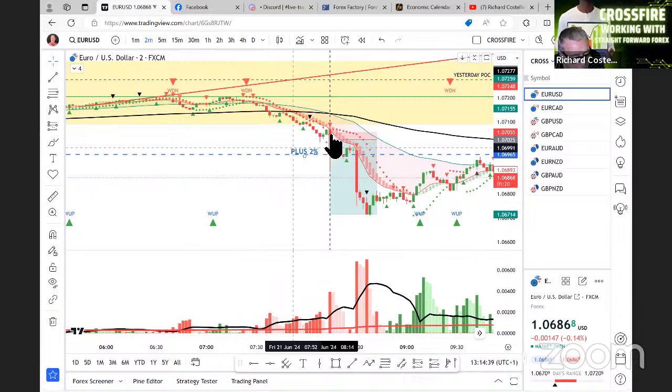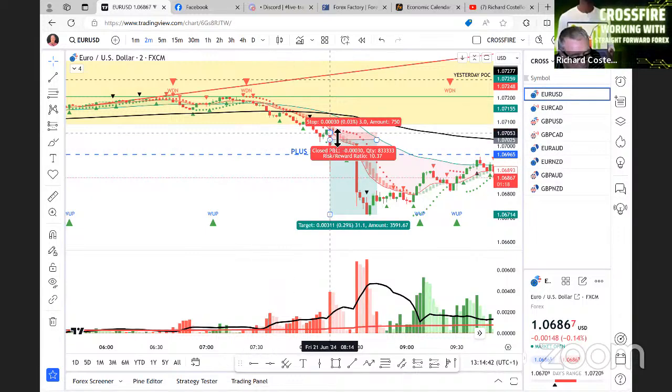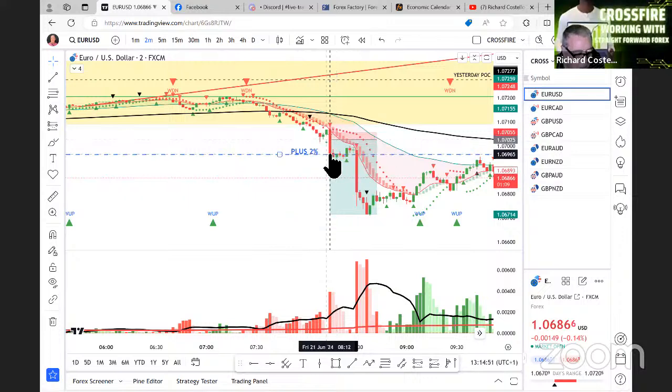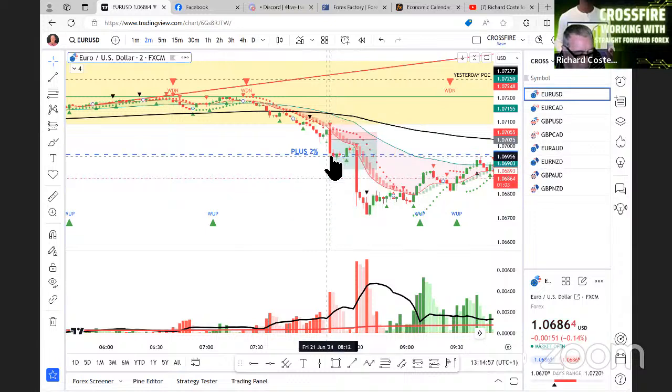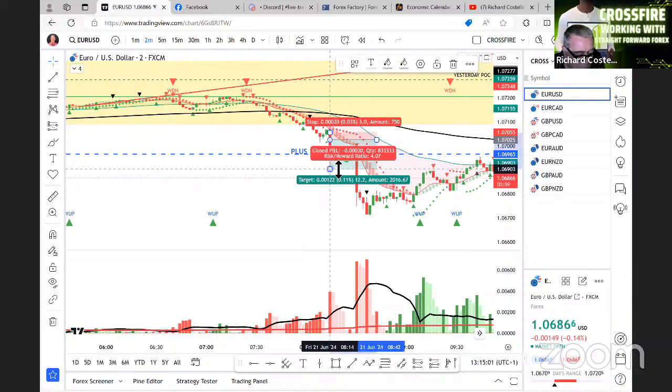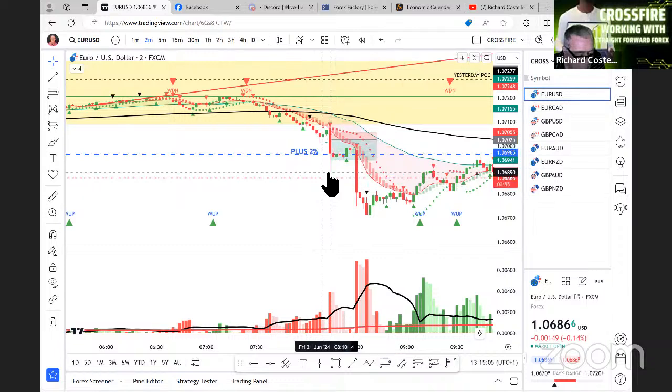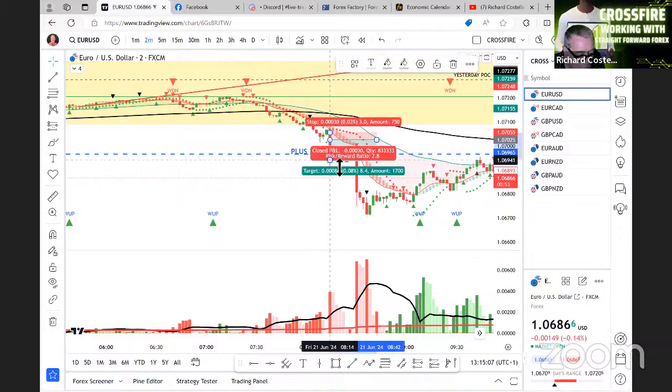And this candle is also an engulfing candle, a bear engulfing candle. So we've got 3 pips stop loss, and down to the blue line we've got 6 pips. But I'll just move that back up there so you can see it. There we go.